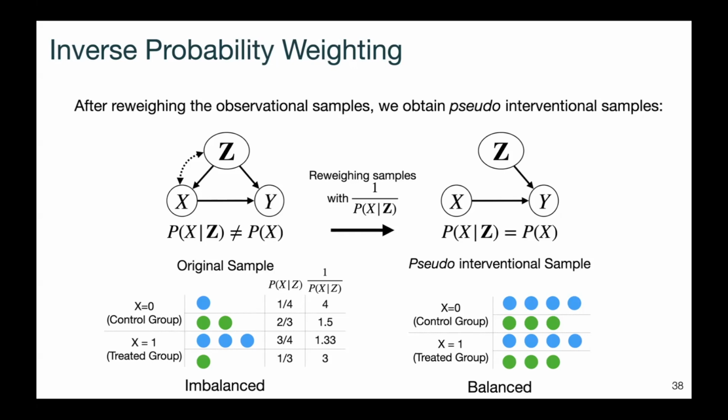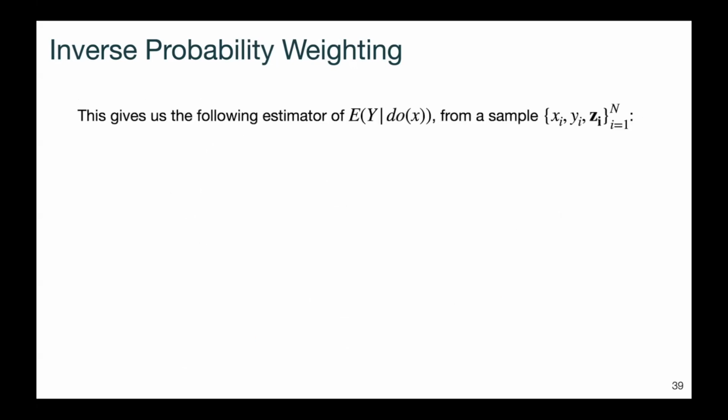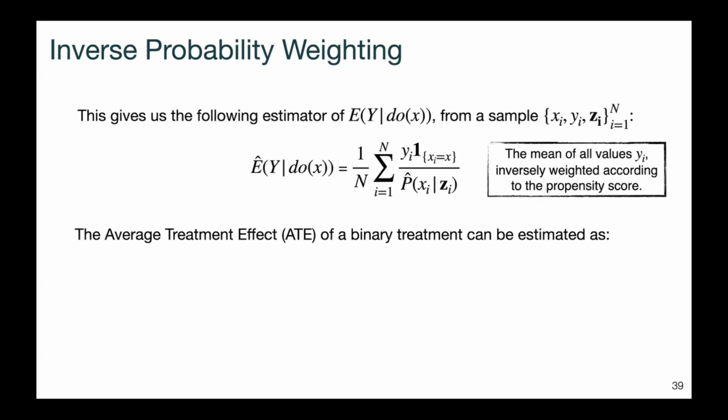After this reweighting, I can just get these weighted samples and apply sample estimators. For example, you can get the expectation of Y given X by getting these samples, then reweighting everything through these estimated propensity scores. And then this is just the sample mean, right? So you just count, and then you use this as an interventional, experimental sample. So that's the way to do it.